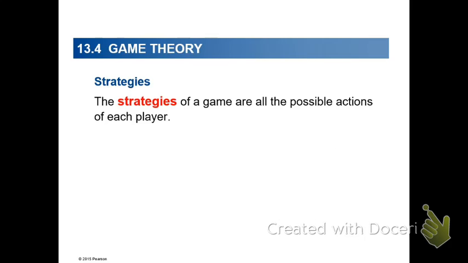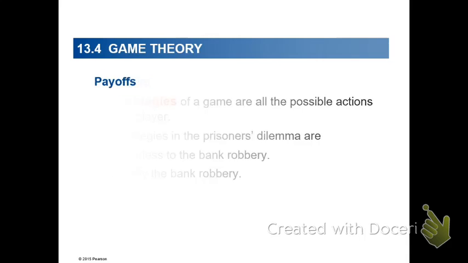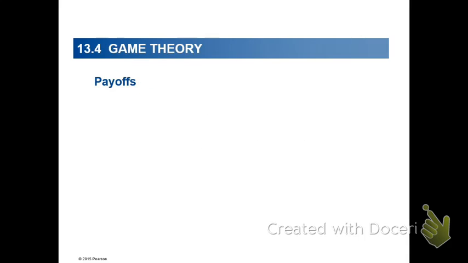The strategies here are very straightforward. Strategies of a game are all the possible actions for each player. The strategies in the Prisoner's Dilemma are that both of them confess, both of them deny the bank robbery, or one of them confesses and the other one denies. So the strategies are actually two: either confess or deny. The payoffs of these two strategies are going to be four, because one person can confess and the other person might not, and that will create a distribution of payoffs.